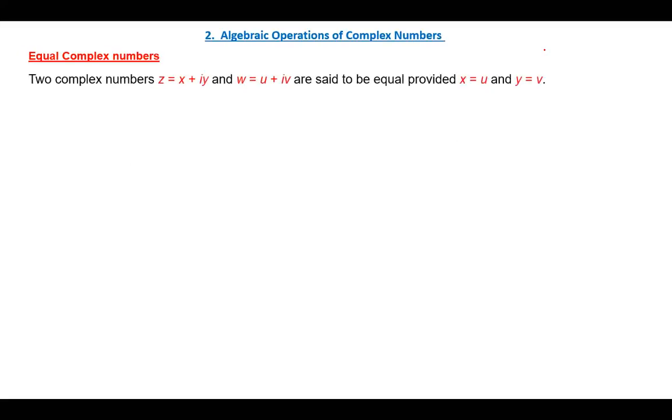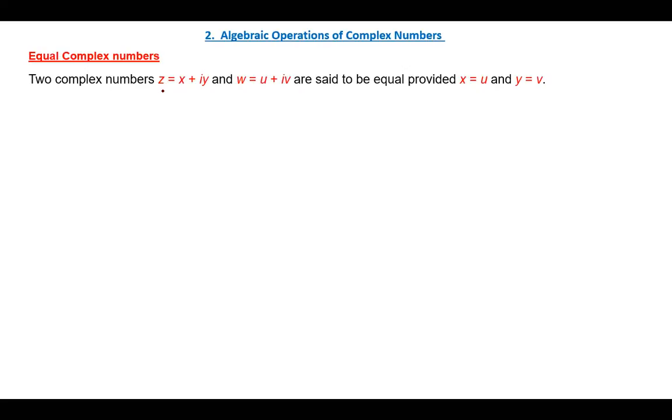Equal complex numbers only exist when, for instance, you have Z1. Let's name this Z1. Since there's W here, there's no need of us renaming that.